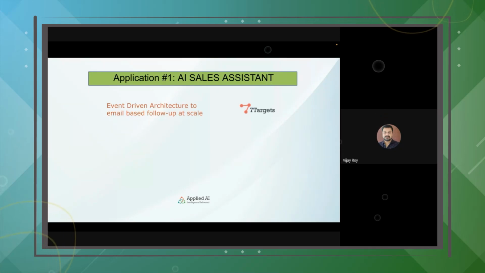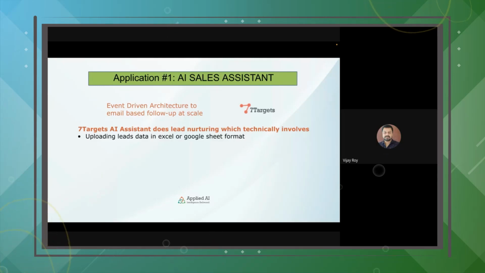This is built with event-driven architecture, and technically it involves uploading leads data in Excel or Google Sheet format, where a user of 7 Target, the customers, have say thousands of email IDs to which they want to send email. They upload that data in an Excel or Google Sheet format on the 7 Target solution. Then the emails are scheduled and sent as per the schedule. There are intelligent email-based follow-ups.